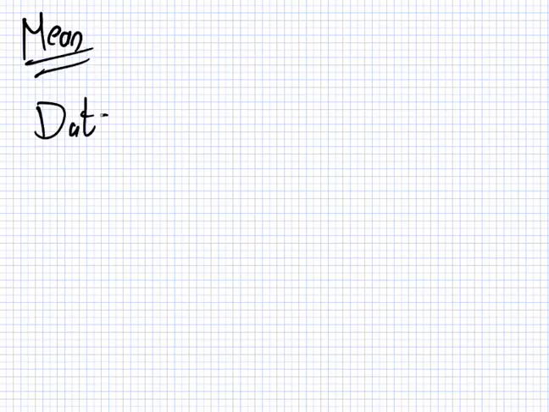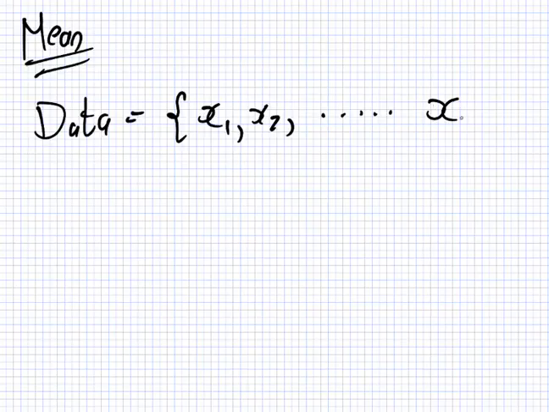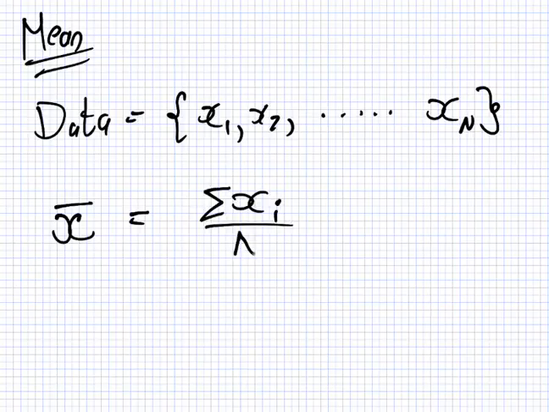So for the mean average, if your data is, let's say, x1, x2, all the way up until xn, then the average, we add up all the data and divide by how many pieces of data we have. The number.